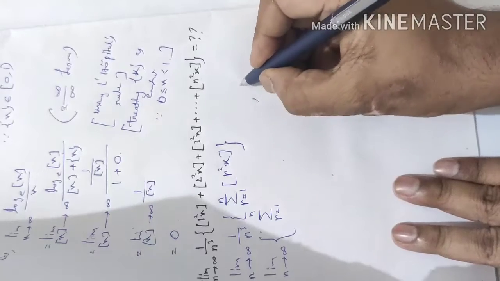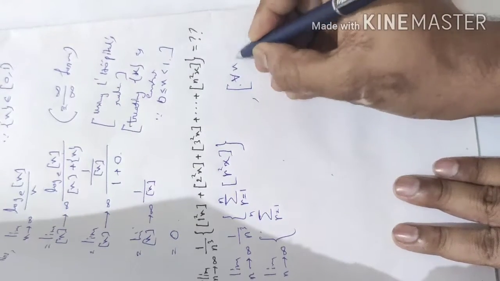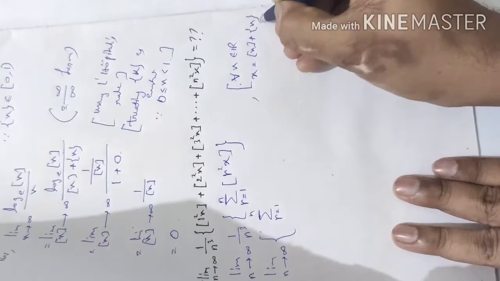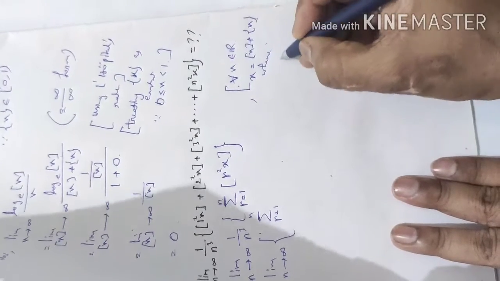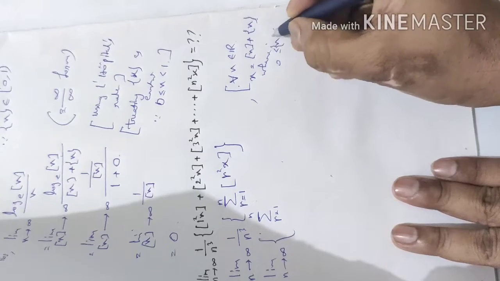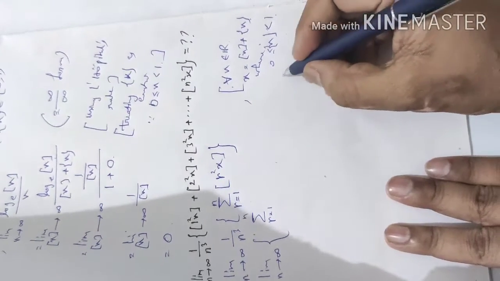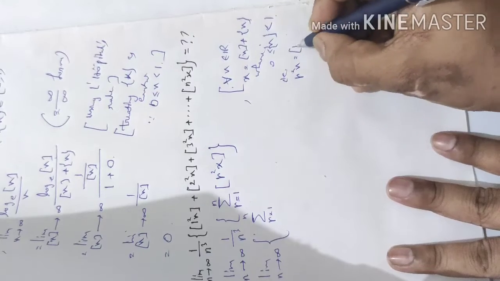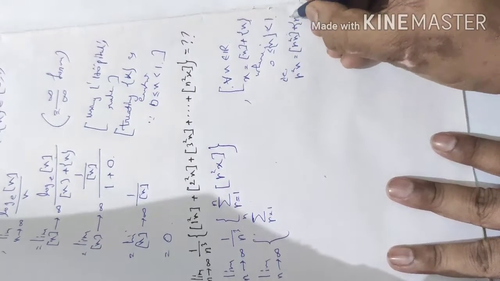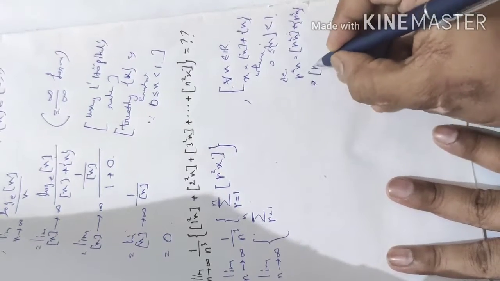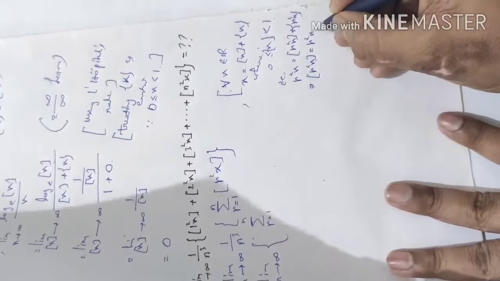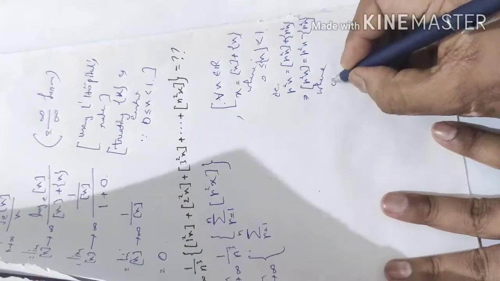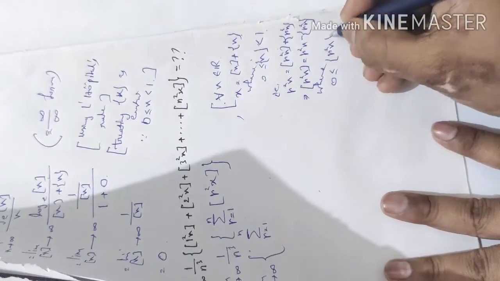So for all x belongs to R, x is equal to box x plus the fractional part, where the fractional part is greater than or equal to 0 and less than 1, that is r square x is equal to box of r square x plus the fractional part of r square x, which implies box of r square x is equal to r square x minus the fractional part of r square x, where the fractional part is greater than or equal to 0 and less than 1.